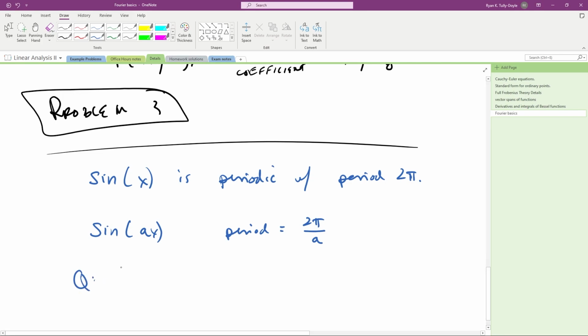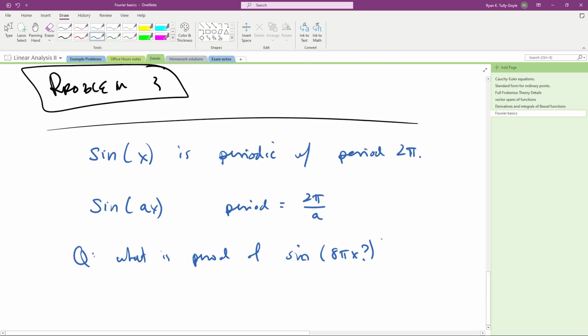So here's a quick question. What is the period of the sine of 8 pi x? And the answer is, well, that's the a value right there. Whatever the constant that's been multiplied by the variable, you take 2 pi and divide it by that. And you get, in this case, a period of 1/4.